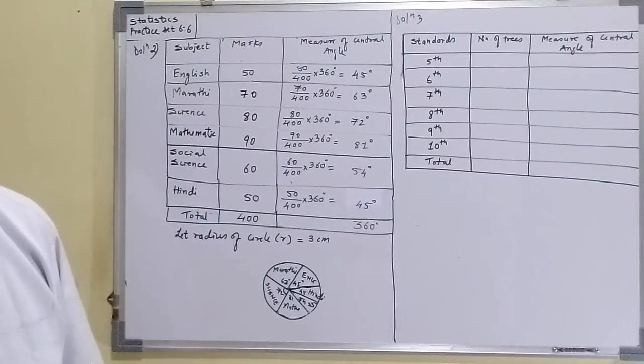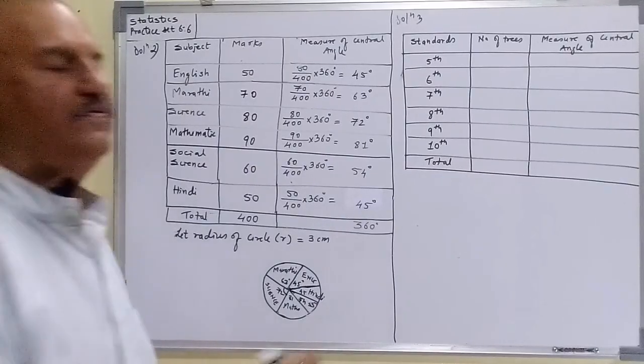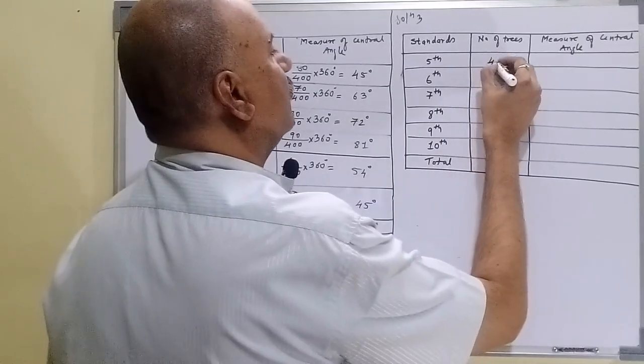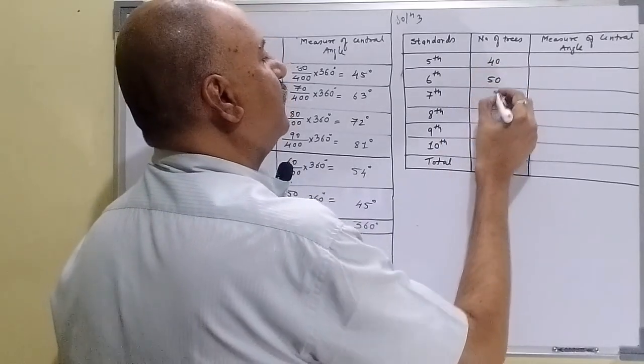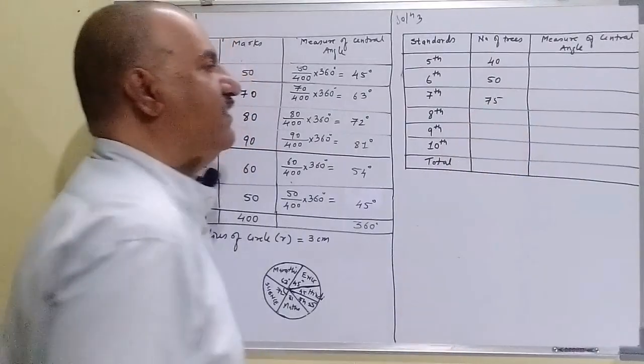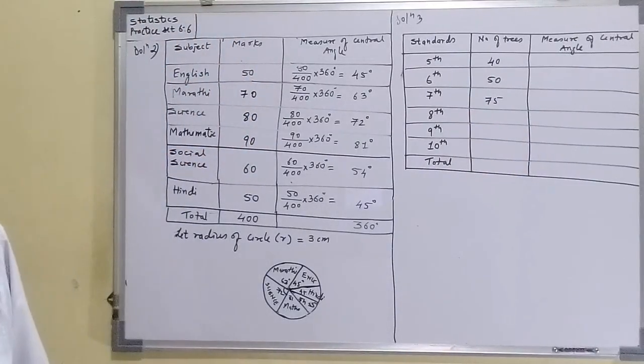Numbers are 40, 50, 75, and then 50, 70 and 75.